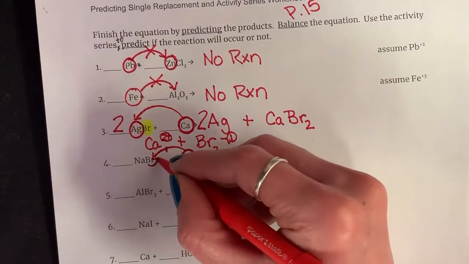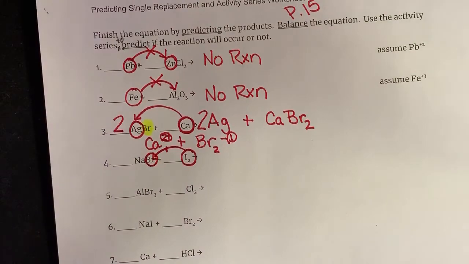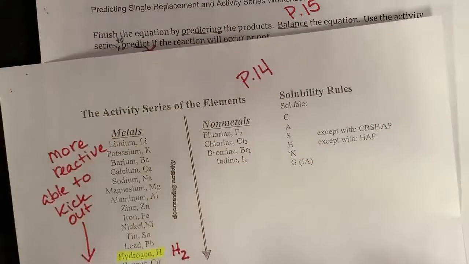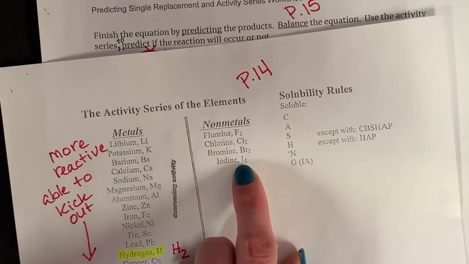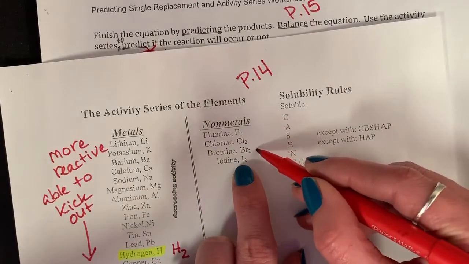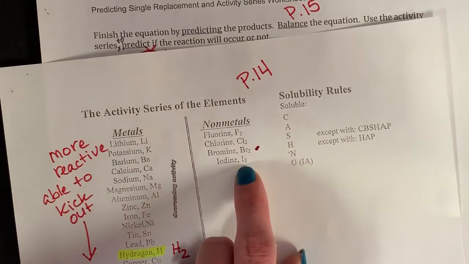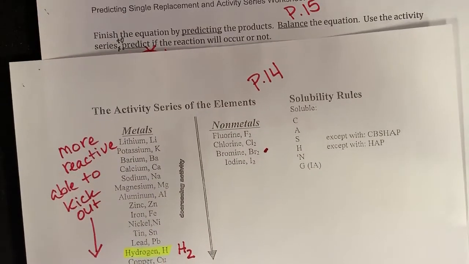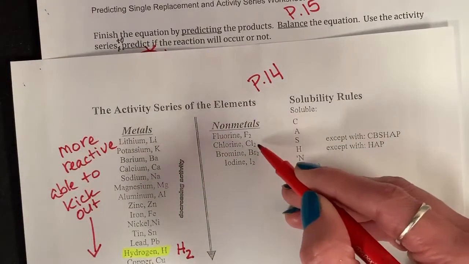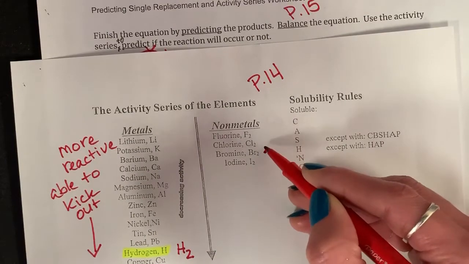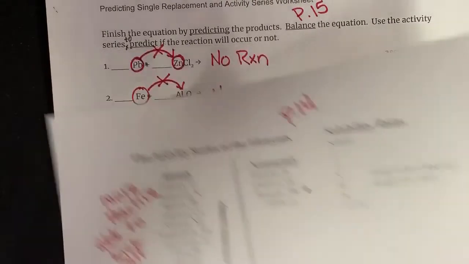Non-metals work exactly the way metals did. So I look at my list, iodine's here, he's trying to kick out bromine. Can iodine kick out bromine? No, absolutely not. I can only kick out something if it is below me on the activity series.